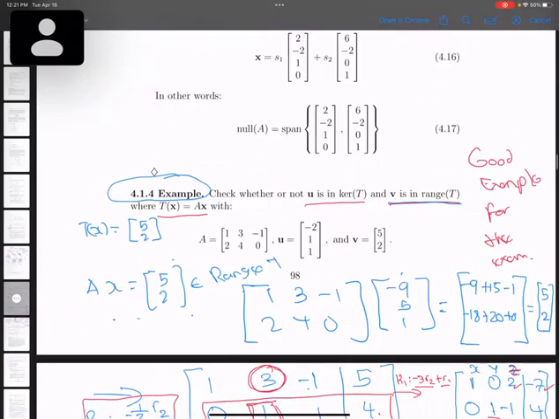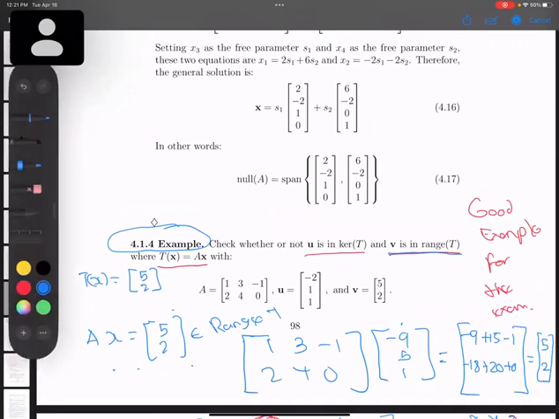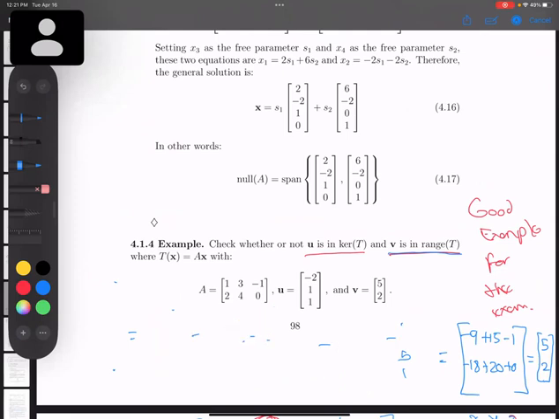So now we're gonna do another example. As I mentioned, I already did this example, but I was not sharing my screen, so I had to do it again. It's a very good example for the exam, especially because this is not 3 by 3 or 2 by 2.